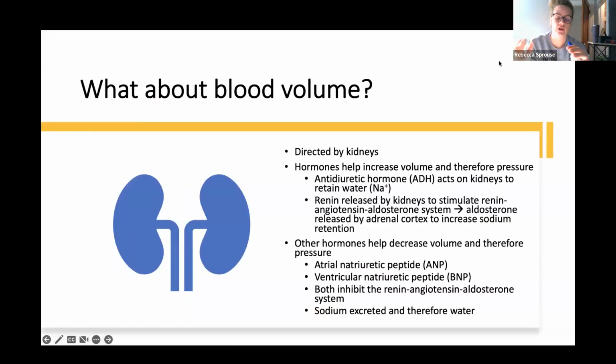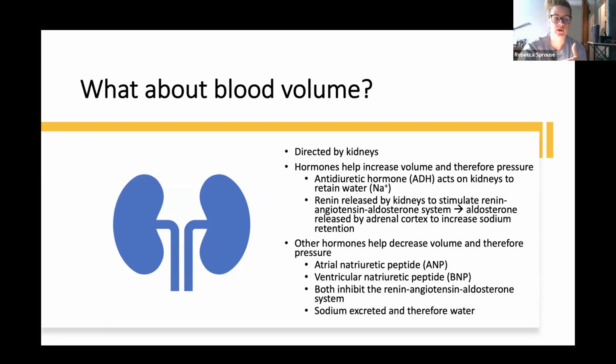So what about blood volume? As volume goes up, pressure goes up, and as volume goes down, pressure goes down. That's all directed by the kidneys. We're going to get into more of this when we get into the urinary system, but hormones are very important here. We have antidiuretic hormone, which we talked about week 2. Antidiuretic hormone, if you can recall, is a posterior pituitary hormone, and that tells the kidneys to retain water and sodium.